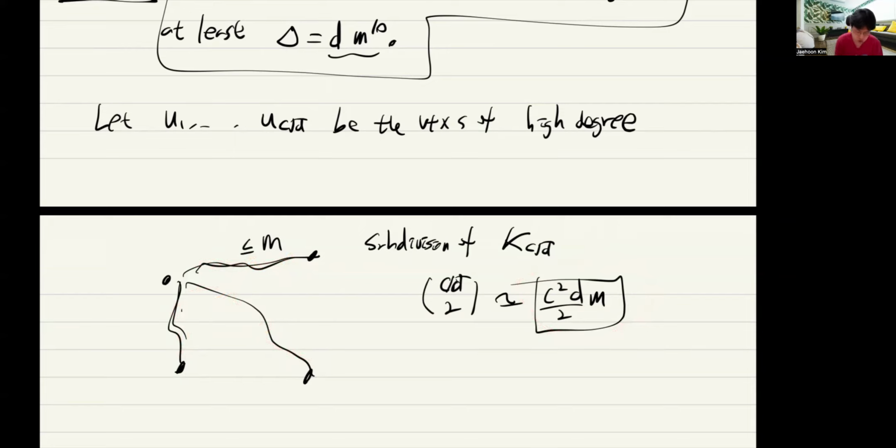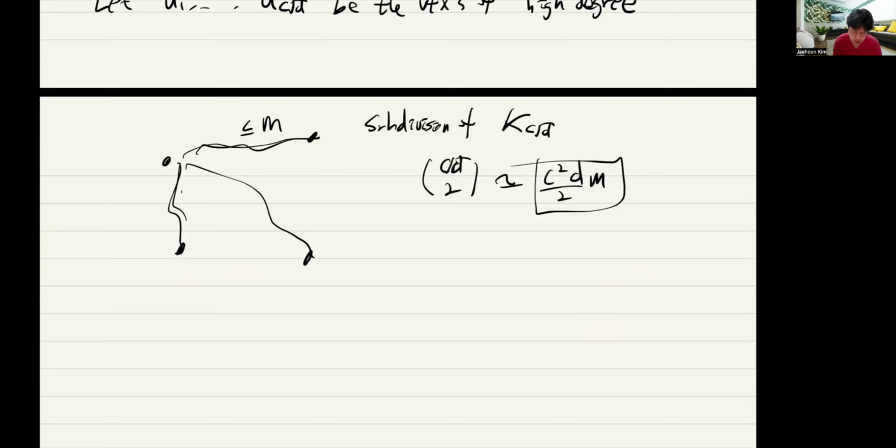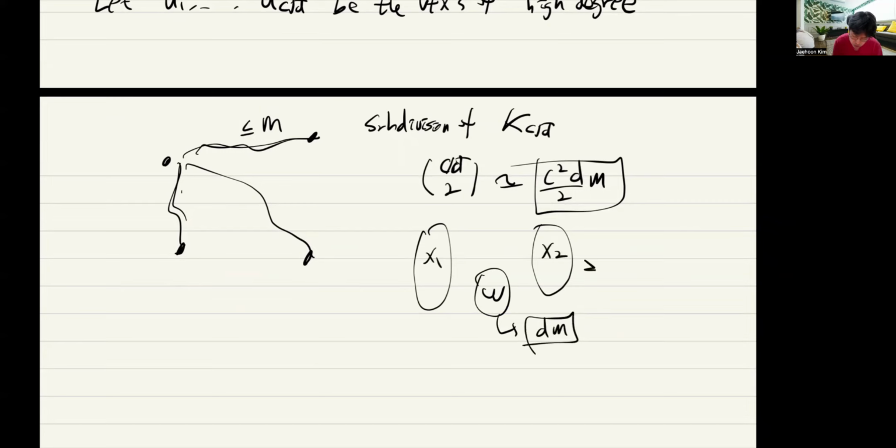So whenever you want to use the previous connection lemma connecting two sets, this W will have roughly this size times some constant. So we want to make sure that if x1 and x2 are bigger than that, like DM squared is enough, because 1 over M is smaller than 1/4 times log x. I mean, depending on this x, but x is bigger than DM.